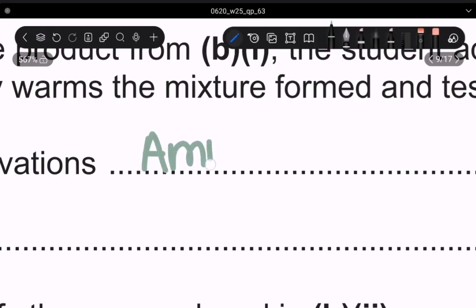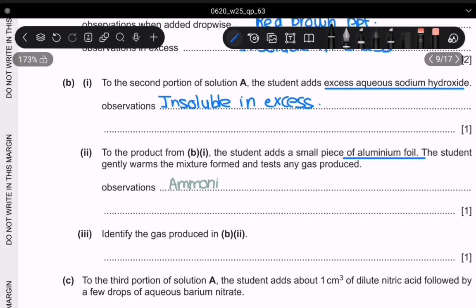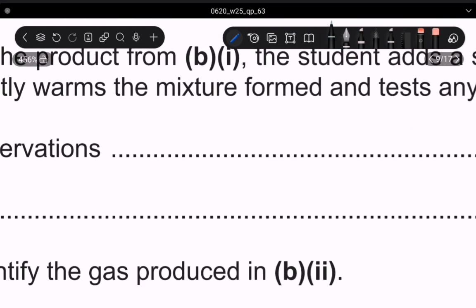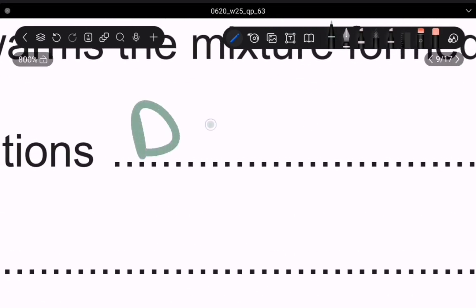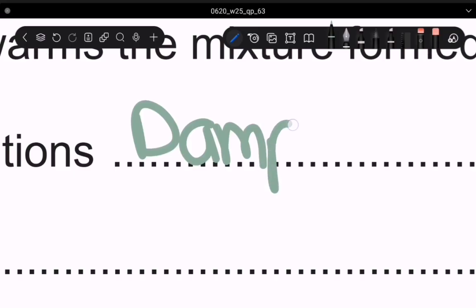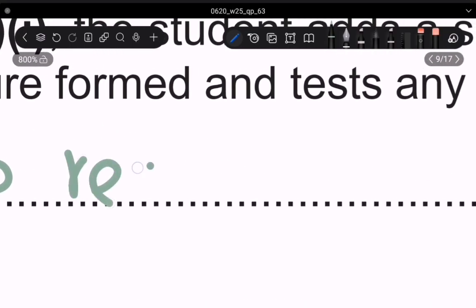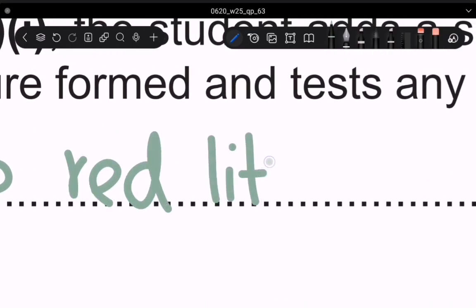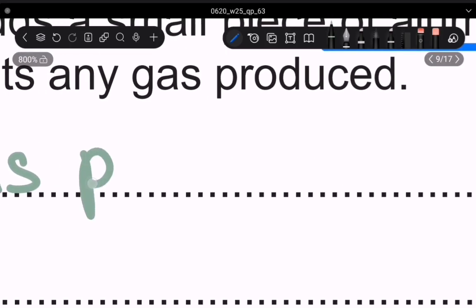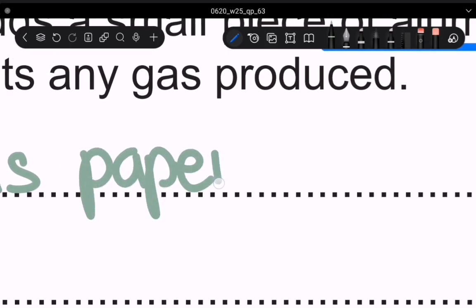This is the observation. They performed tests to see any gases produced. As we know, ammonia turns damp red litmus paper blue.